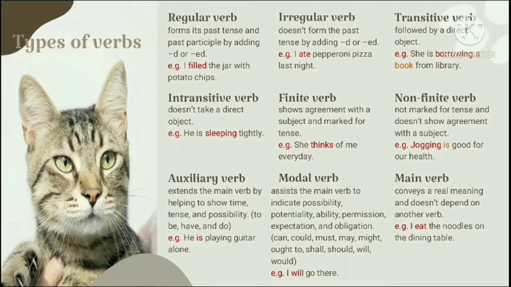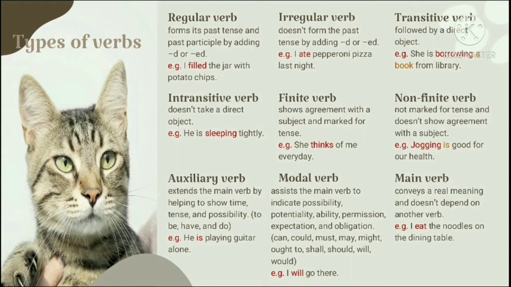The second type is irregular verb or strong verb. Irregular verb doesn't form the past tense by adding d or ed. This is an example of it. I ate pepperoni pizza last night.